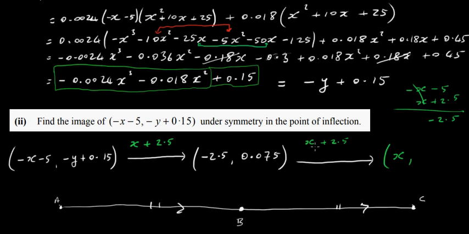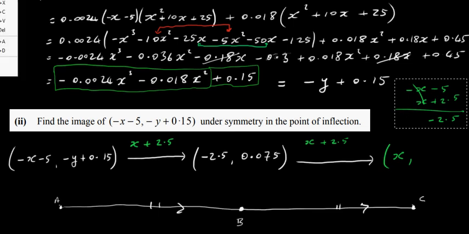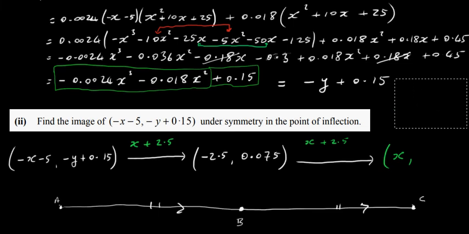If I do the same thing here again, if I take my minus 2.5 and add x plus 2.5, here I'll just get x, and here I will get 0. So I'll just get x here.